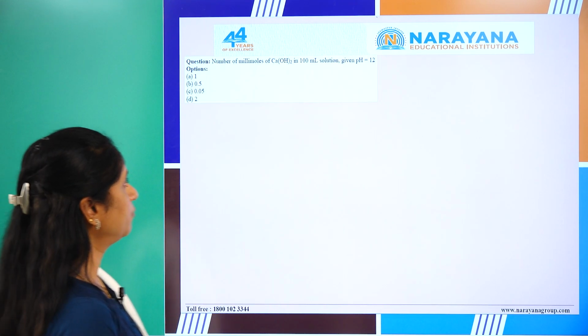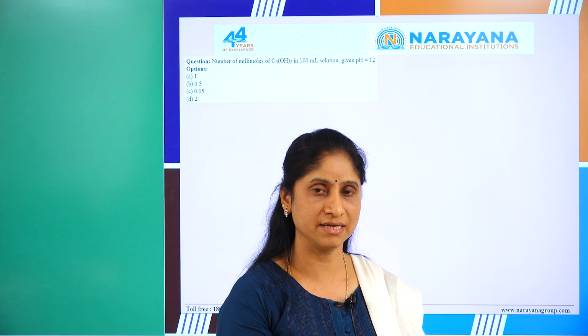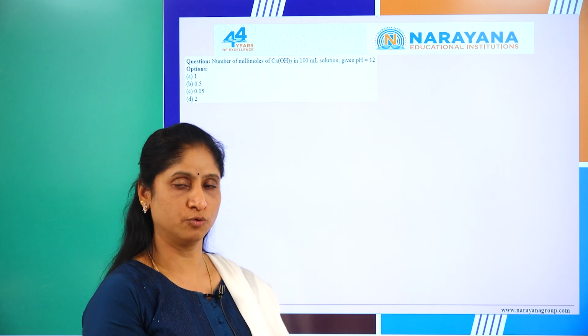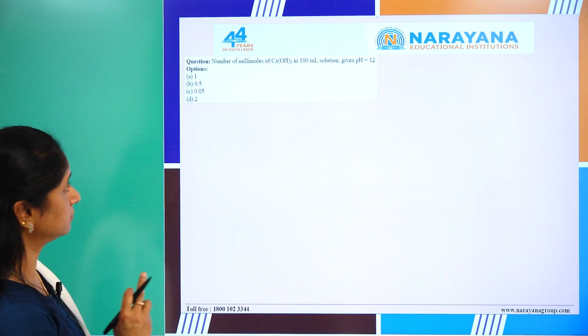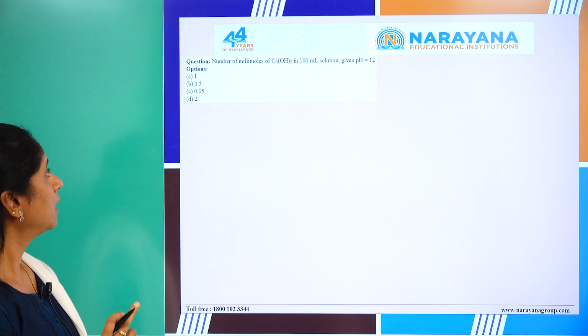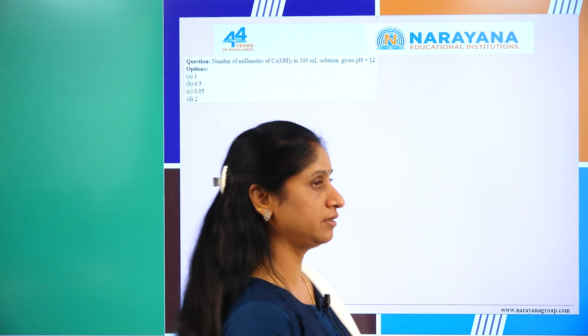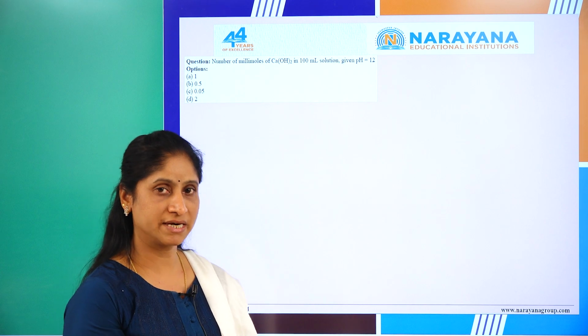Number of millimoles of calcium hydroxide. See how simple a question they have given, but there is a lot of scope for wrong calculations if you are in a hurry and in a tense mood. They are asking not moles, millimoles. Number of millimoles of calcium hydroxide in 100 ml of solution given pH equal to 12. Calcium hydroxide is a base.